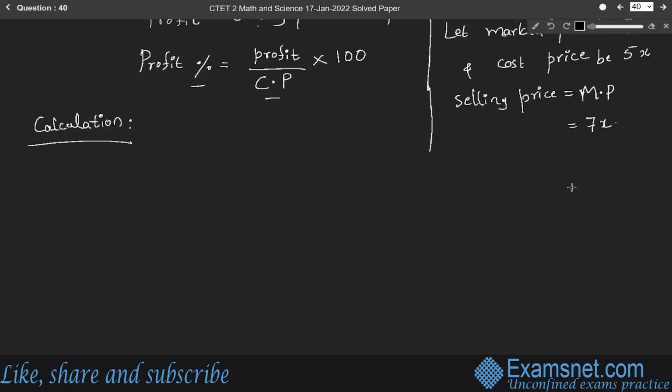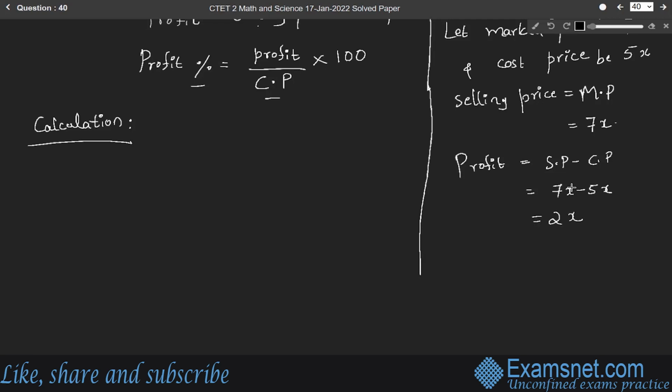Therefore, profit is selling price minus cost price. Therefore, it is 7x minus 5x, which is 2x.